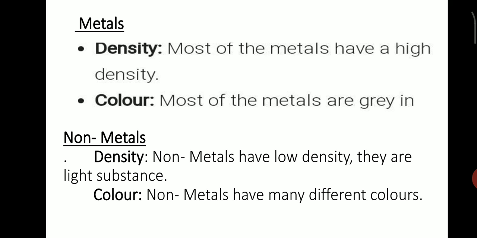Non-metals have many different colors. Sulfur is yellow, phosphorus is white or red. Phosphorus exists in two colors, white or red. Graphite is black, chlorine is yellowish green, whereas hydrogen and oxygen are colorless. So they exist in many different colors.